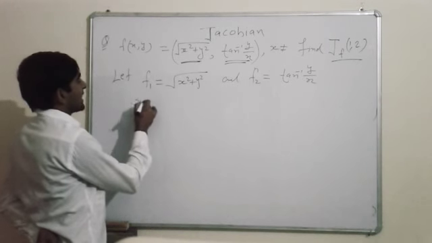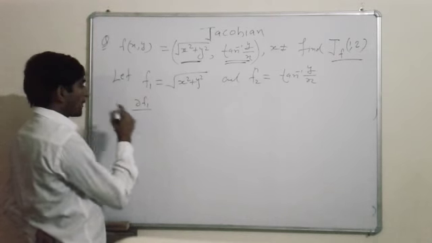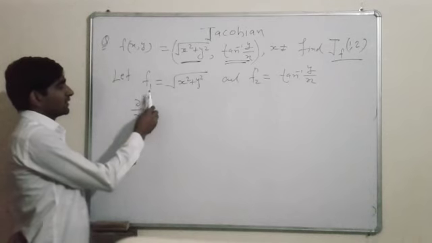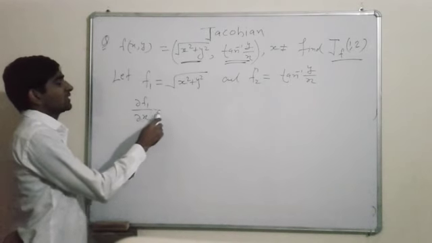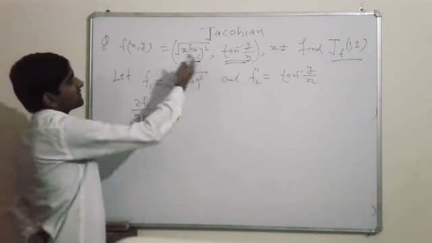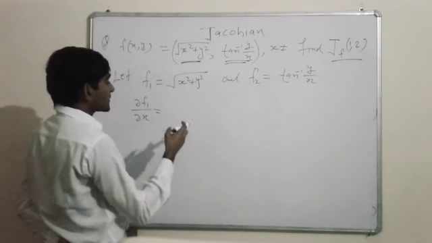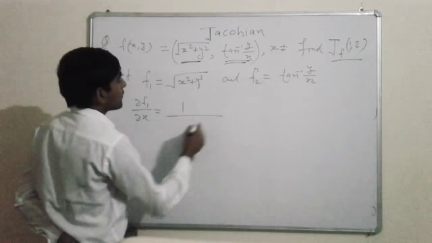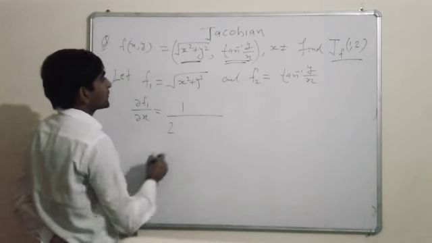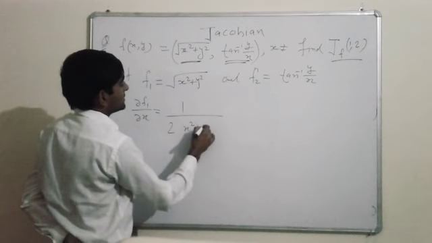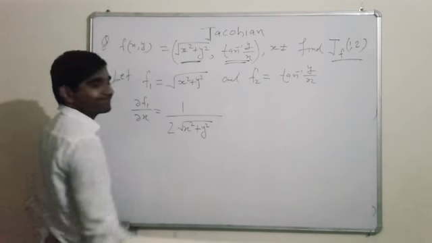First, ∂f1/∂x, the partial derivative of f1 with respect to x. Because this is the function of a root, the derivative of a function of a root is that we write 1 over 2 into the same function. The same function is √(x² + y²).